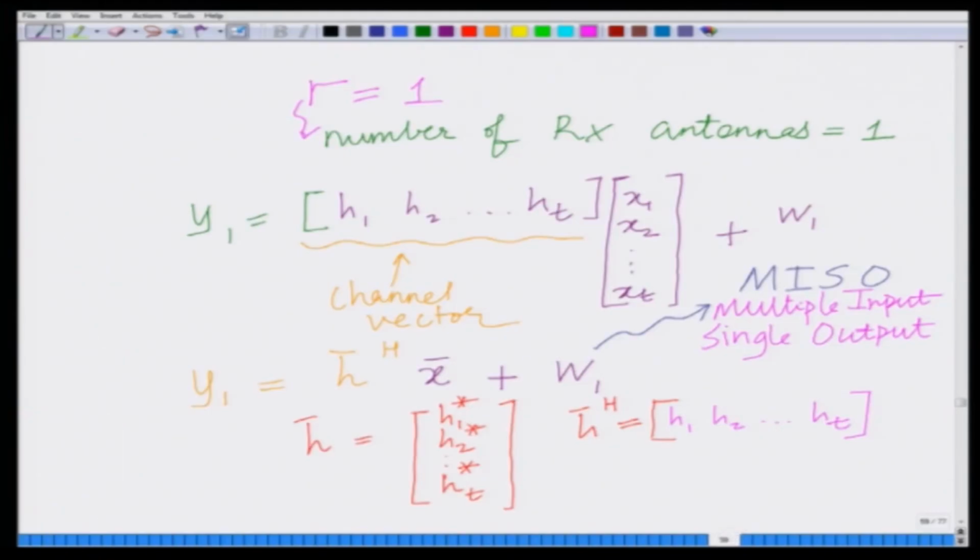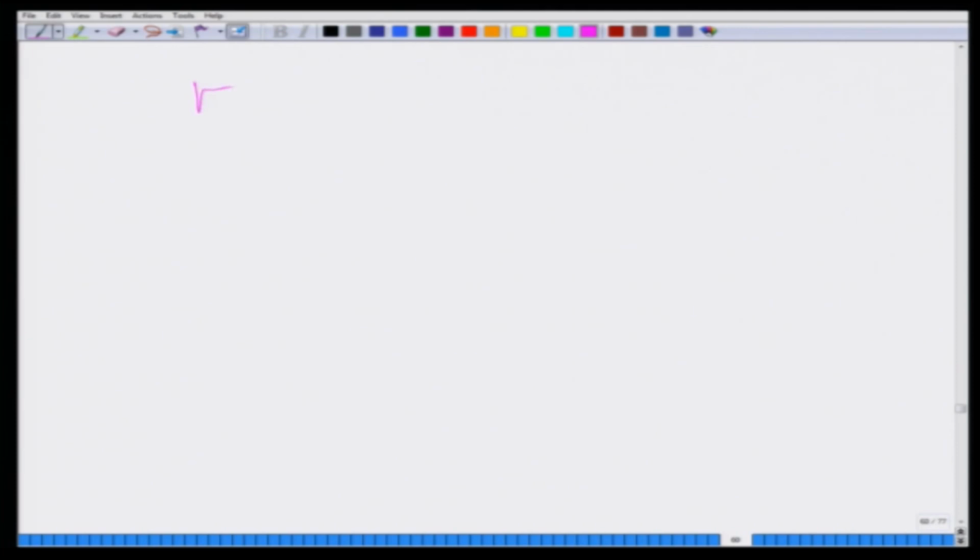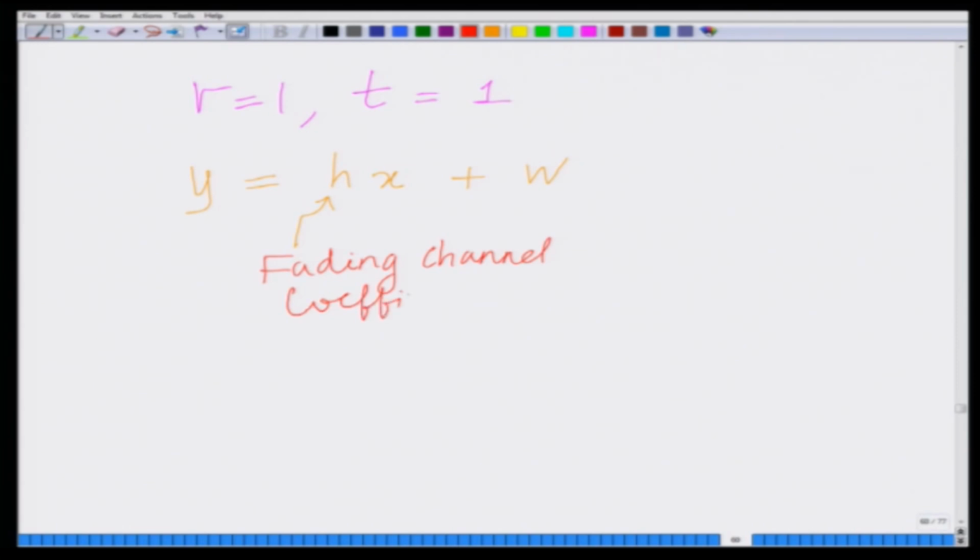So, when R equals 1, T equals 1, we have the scenario that we have seen in the very beginning, that is y equals hx plus w, where h is the fading channel coefficient.